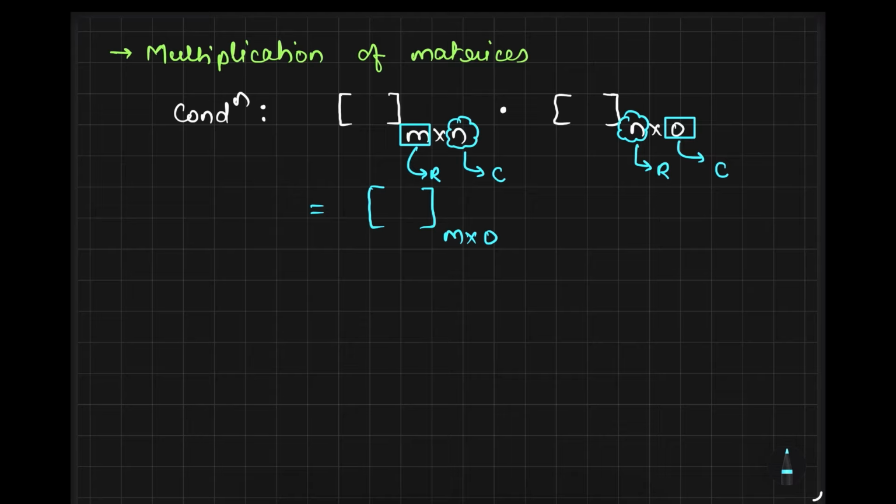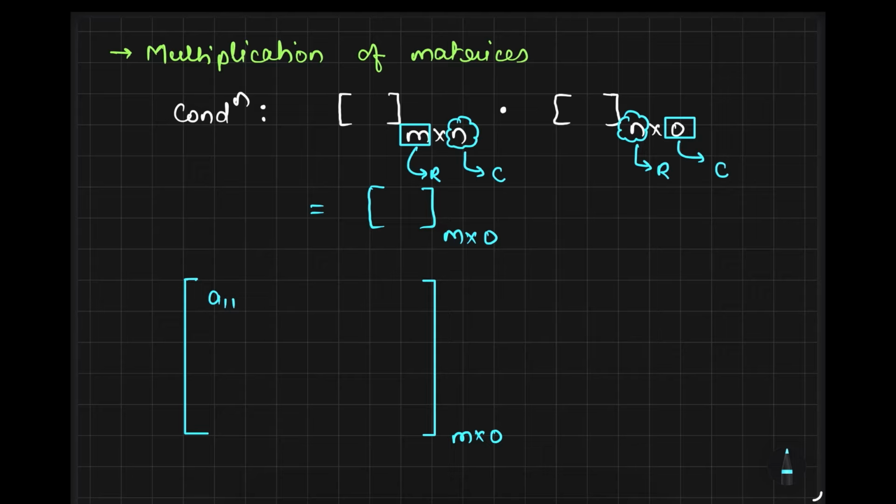Now suppose you are trying to multiply two matrices, and at the end you get this. First, try to understand how we will multiply. You know that the address of this element is A11.